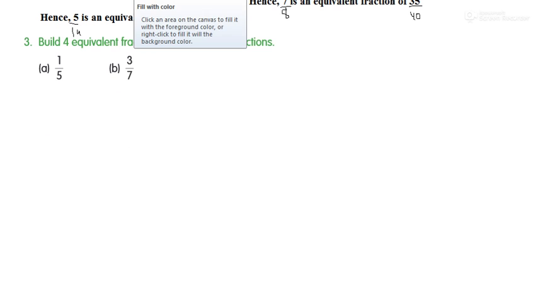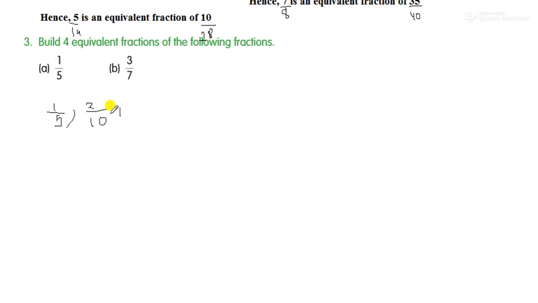Next, build 4 equivalent fractions of the following fractions. Here we have to build the 4 equivalent fractions. Here they have given 1 by 5. If we multiply with a 2, 1 by 5 into 2 into 2, so 2 by 10.